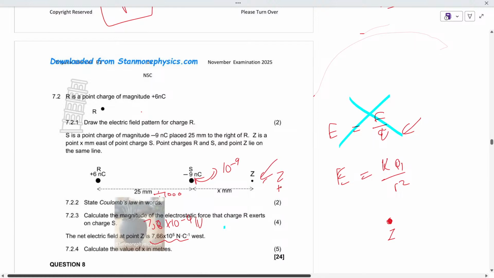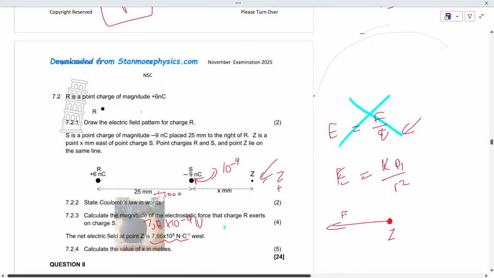Yes. So now what is the relationship between this negative and this positive? Will it attract or will it repel? Negative and positive must attract each other. Opposites attract. S is going to pull Z that side.